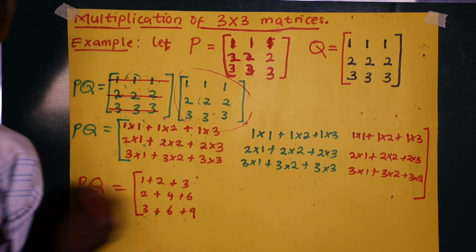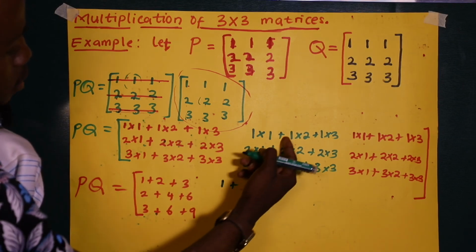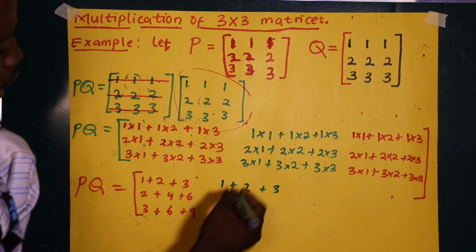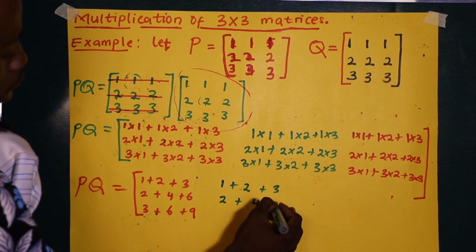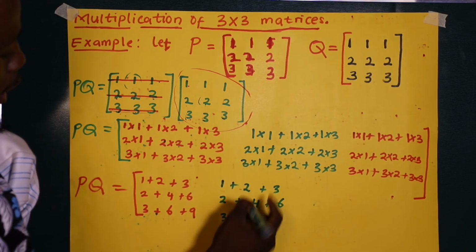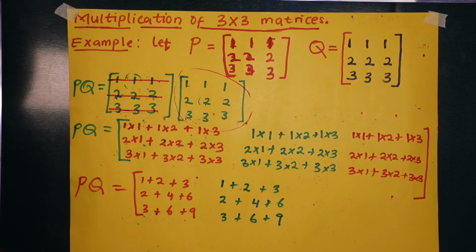Then 1 times 1, 1, plus 1 times 2, 2, plus 1 times 3, 3. 2 times 1, 2, plus 2 times 2, 4, plus 2 times 3, 6. 3 times 1, 3, plus 3 times 2, 6, plus 3 times 3, 9.